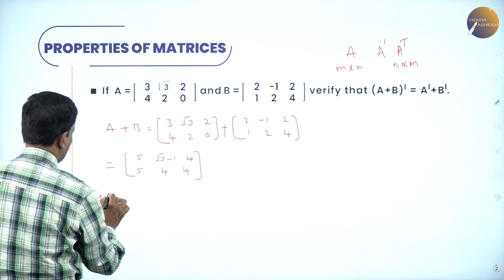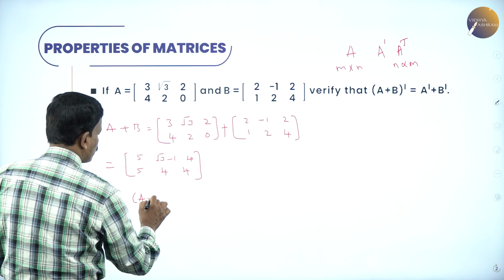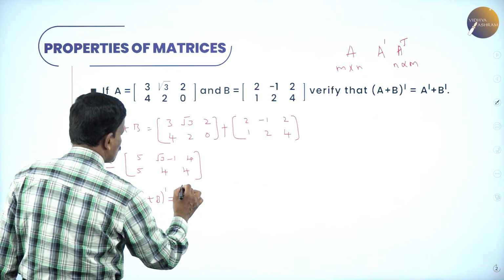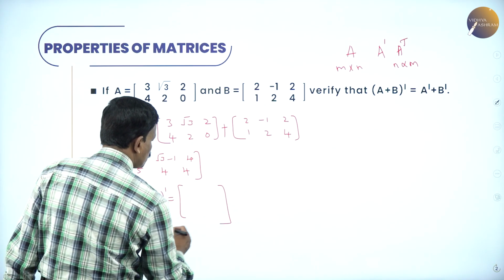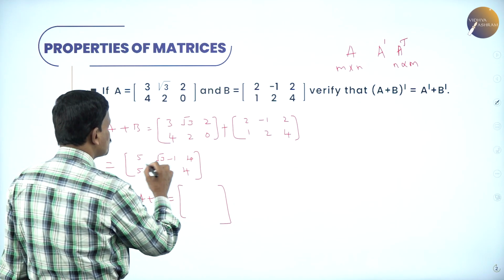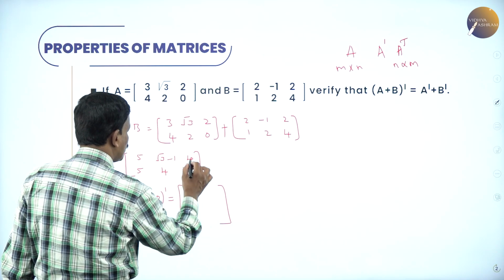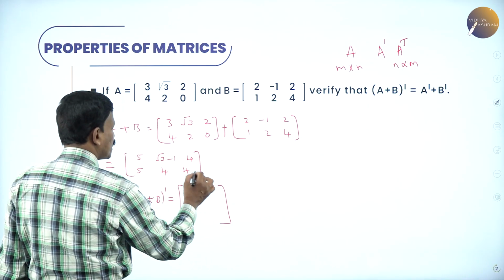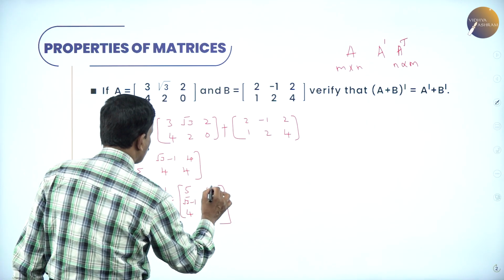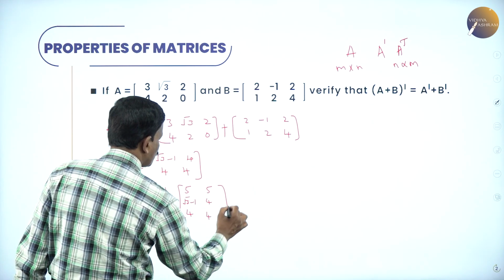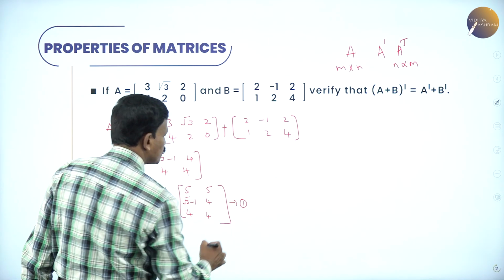Now, LHS, left hand side, (A plus B) whole dash is equal to the transpose of this matrix. So, first row becomes first column: 5, root 3 minus 1 and 4, and second row becomes second column: 5, 4 and 4. This is equation number 1.